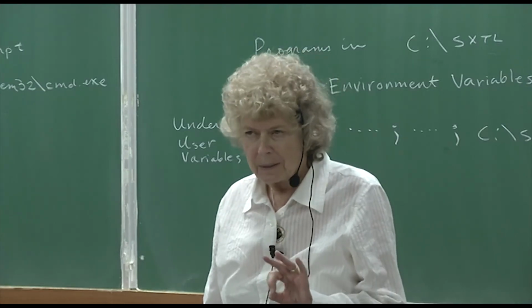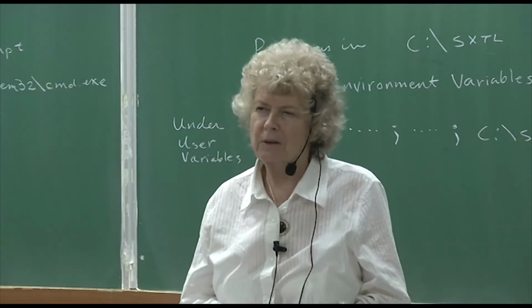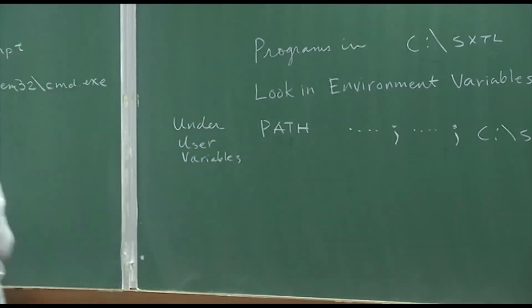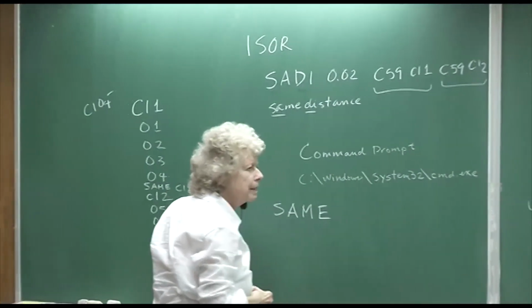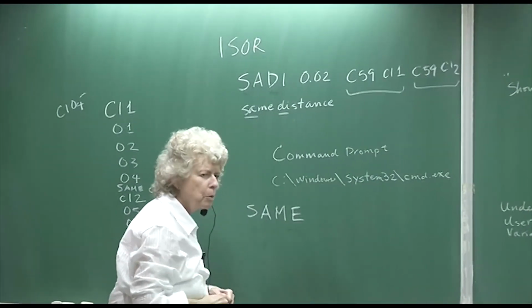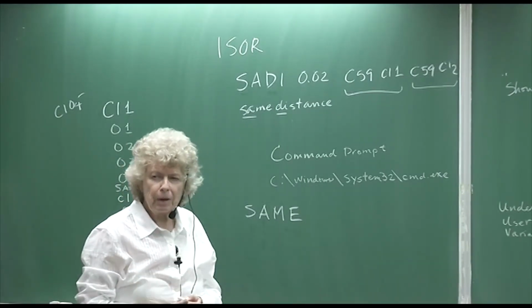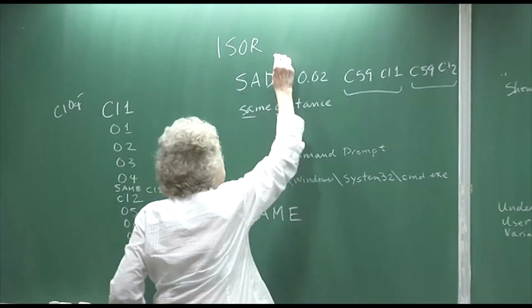If you use the ISOR command, it makes it more similar to an isotropic thermal ellipsoid. So you can just say ISOR. And then the default for that is maybe 0.02 or 0.01, I forget. But it's of the order of an isotropic thermal parameter. So you can fiddle around with this.